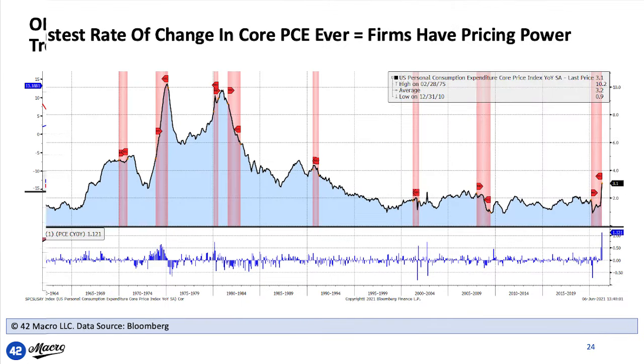On slide 24, you get the fastest rate of change in core PCE ever. Looking at that on a month-on-month delta basis, we accelerated 112 basis points to 3.1% year over year. That's the fastest rate of change ever. But on slide 25, workers don't have that pricing power that businesses are obviously demonstrating with that acceleration.